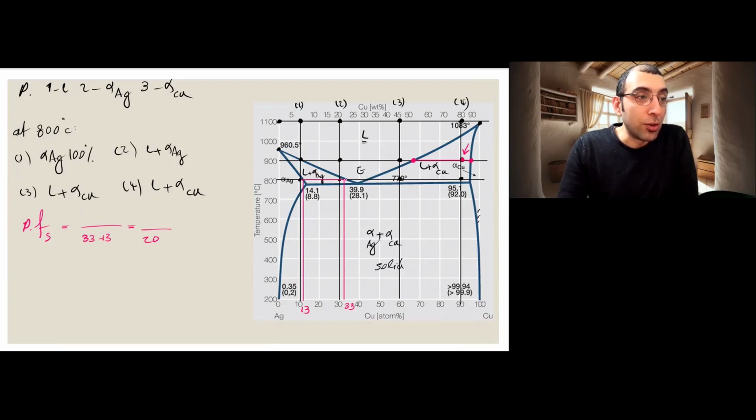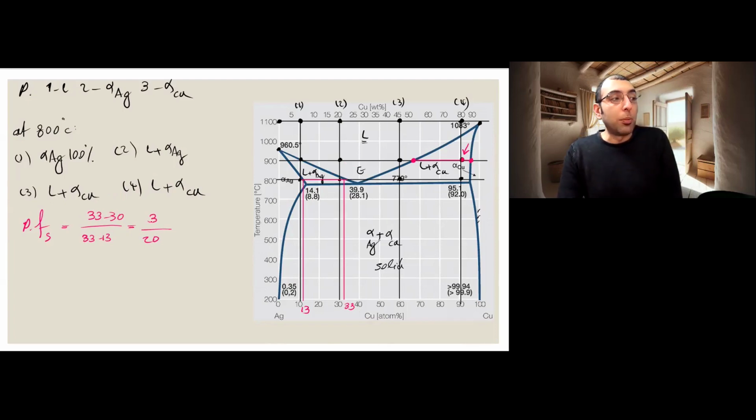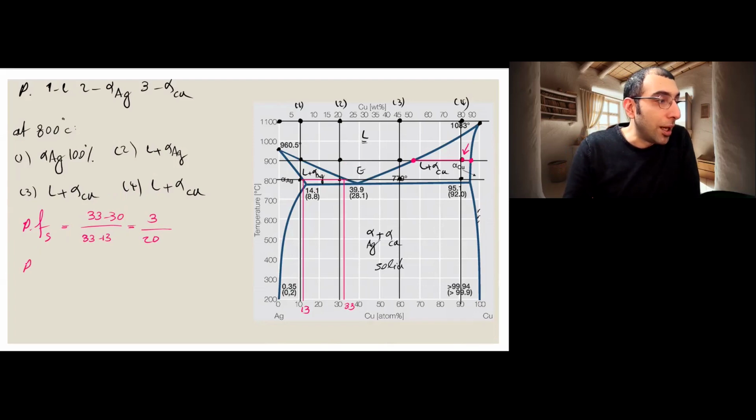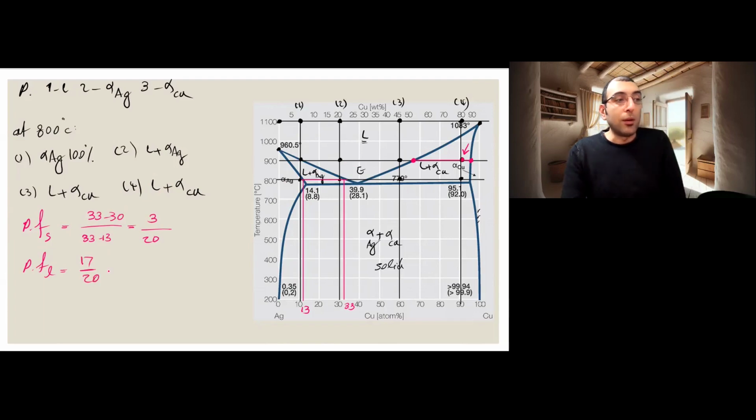When it hits the liquidus line, it's 33 minus 30. So it's 3 to 20 parts of solid. That's the phase fraction of solid, 0.2. And then phase fraction of liquid, therefore, it's 17 to 20, obviously, because they need to become one.